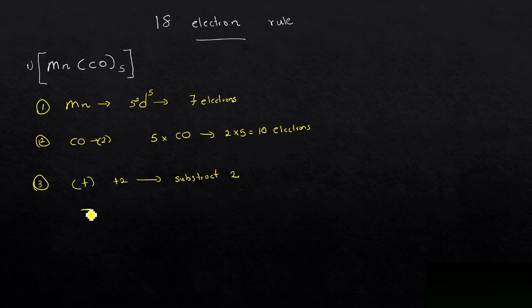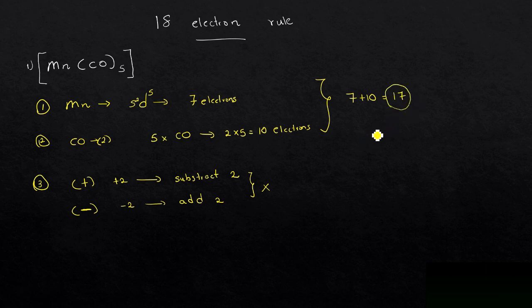If your complex contains a minus, let's say minus 2, then you need to add 2 to your total number of electrons. In this case our complex doesn't contain any charge, so you do not need to consider these things. Just add the total number of electrons, 7 plus 10, which is equal to 17.